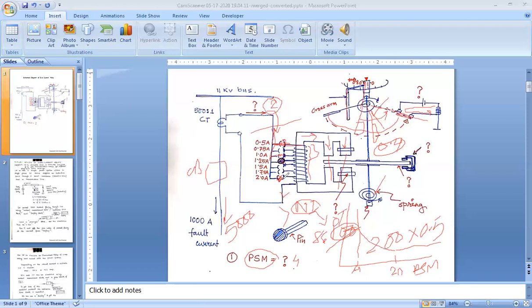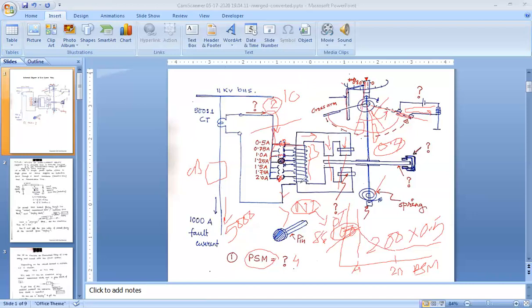That is the question. Now to solve this problem, what is done? If it is 5000 ampere flowing in the primary side or in the main circuit, the CT secondary side current will be 5000 by 500, so 10 ampere current is going in the secondary side.